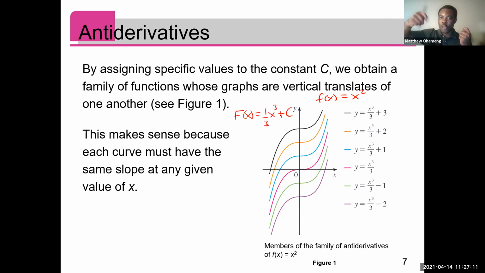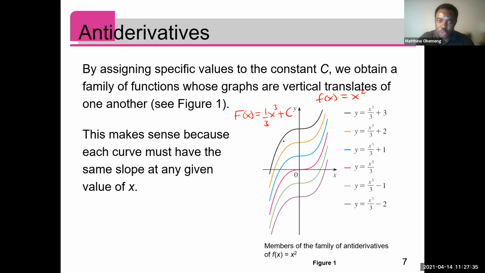So the general antiderivative is always going to be a family of functions. What we mean by a family of functions is the x structure is the same, but the c is changing. So it's just like you are shifting the function vertically, either pushing it up or down. It's a vertical translation, right?